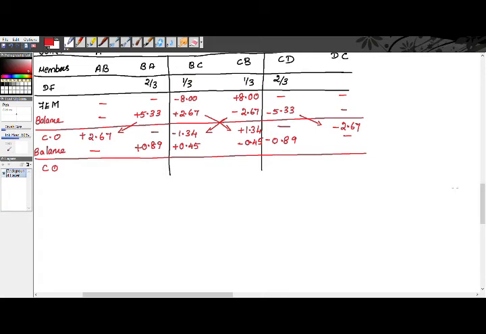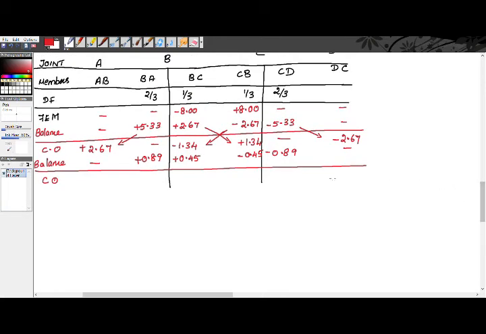So between A and B, A is fixed support, so there is no carryover, but from B, half is carried to A. In between B and C, half of B is carried to C and half of C is carried to B. D is fixed support, so there is no carryover.